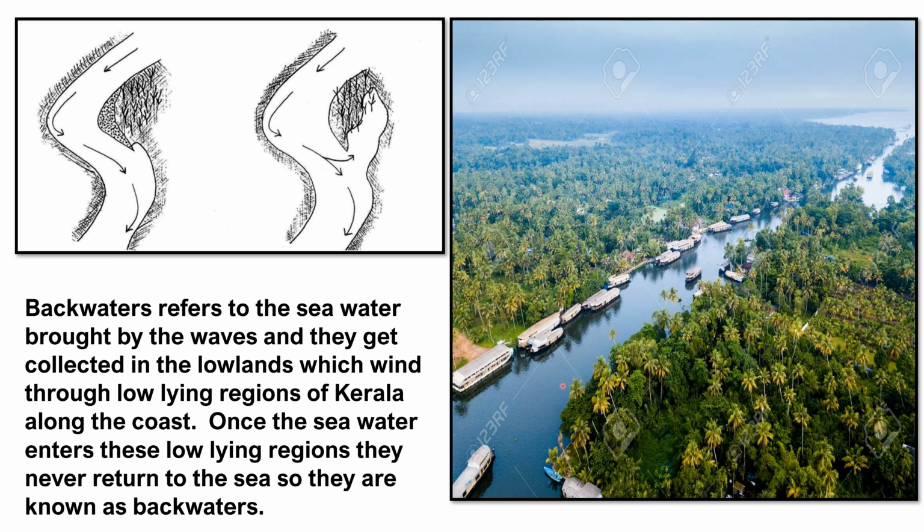This kind of backwater is very commonly found along the coastal area of Kerala, and it winds past the entire coastal region of Kerala, and this backwater is also a very popular destination for tourists.